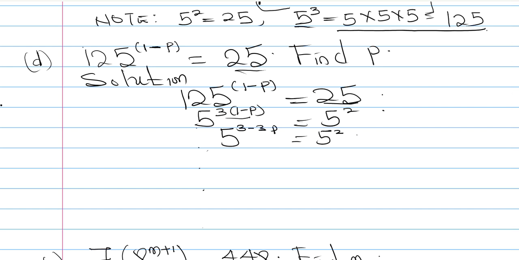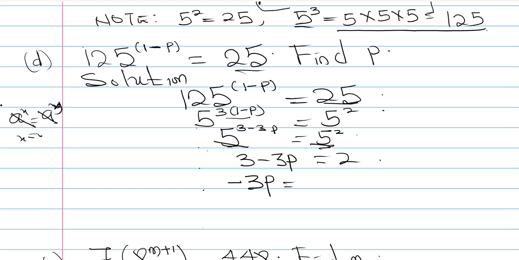Now according to the law of indices, when you have equal bases like this, it means the base cancels, with x equal to y. So this one cancels, we have 3 minus 3p equal to 2. Let me collect the like terms here: minus 3p equal to 2 minus 3.